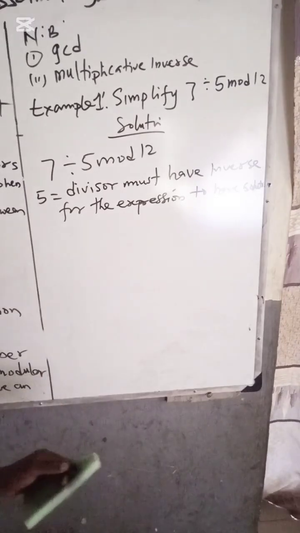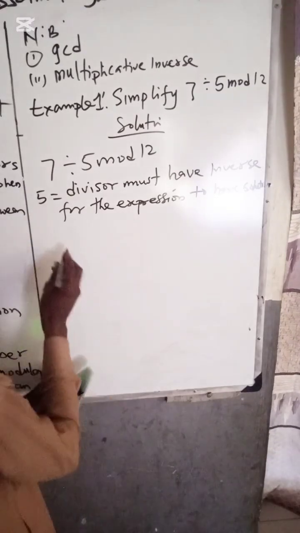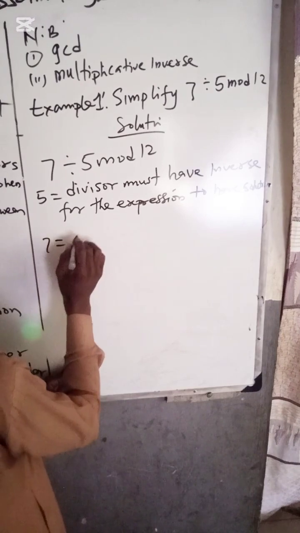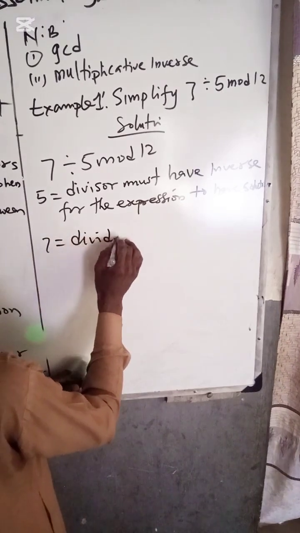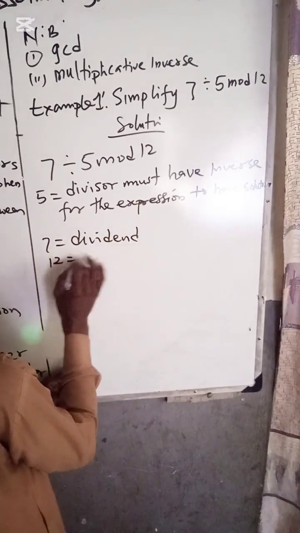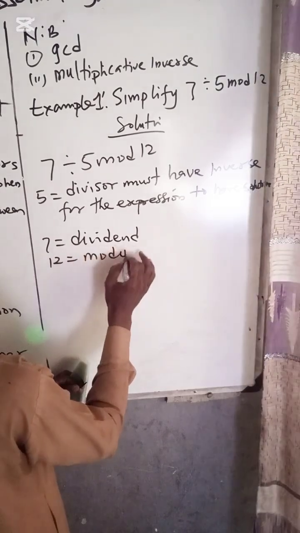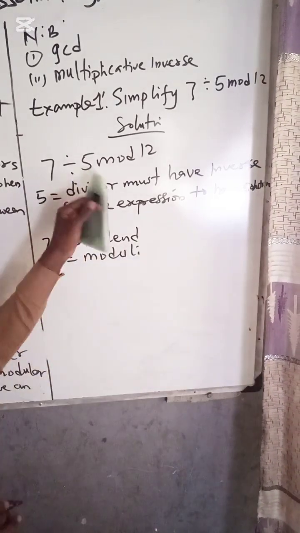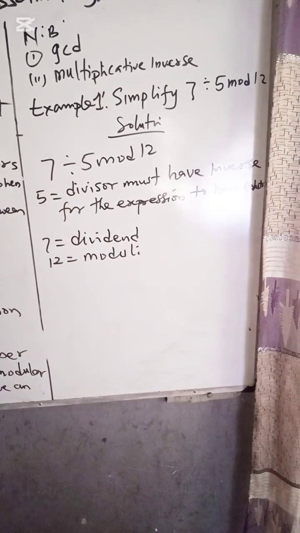Otherwise, it has no solution. Now, 7 is called the dividend, and the 12 is the modulus. We are asked to find 7 divided by 5 mod 12.